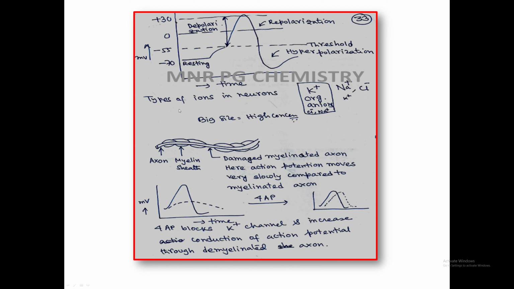The types of ions which are participating can be potassium and chloride, or organic anion, or sodium ion. The big size means inside the potassium ion concentration is more, and outside the sodium concentration is more.